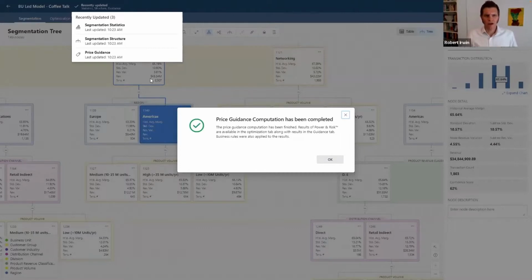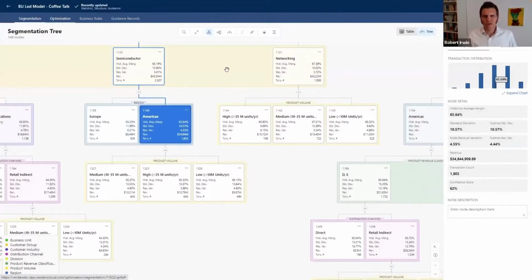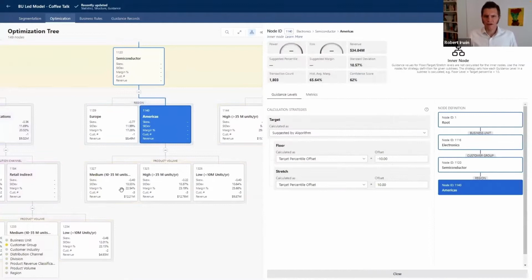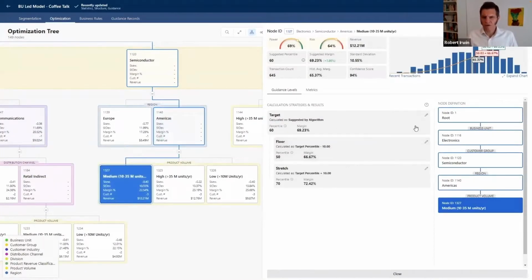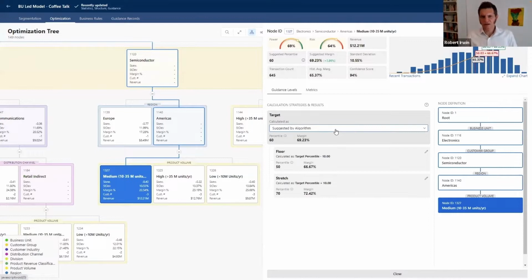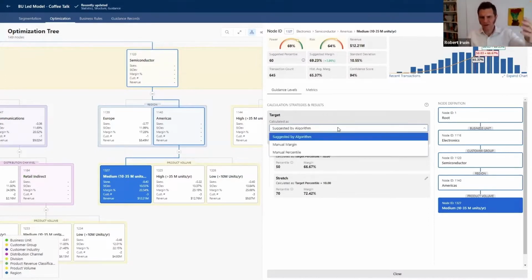So I have my optimization that is currently generated by the algorithm. And I can see here, in this case, the percentile suggested by the algorithm. As I said, I can set a manual percentile or a manual margin.